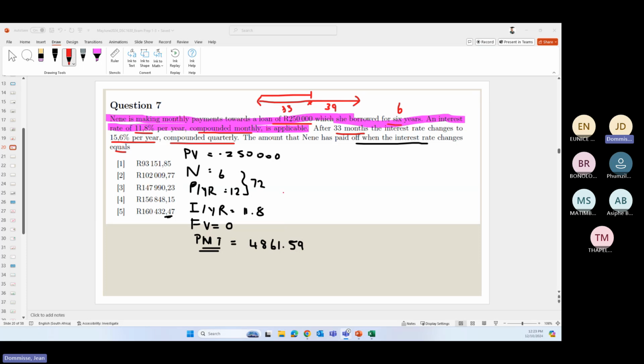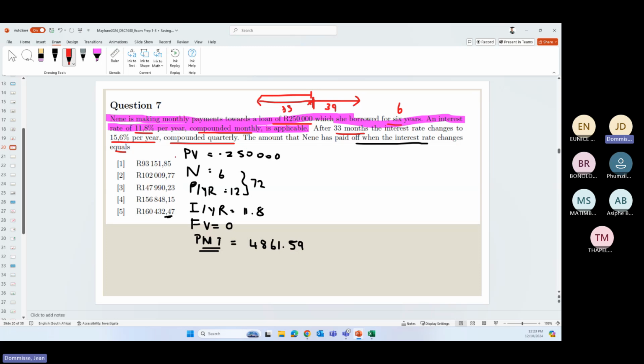So I want to work out this piece, what is that worth at the end of that 33, because then I can take that component and subtract it from 250,000 to know what I actually have paid off, and that component will now change with a new interest rate structure, which they have not asked us to worry at all about how that will impact.